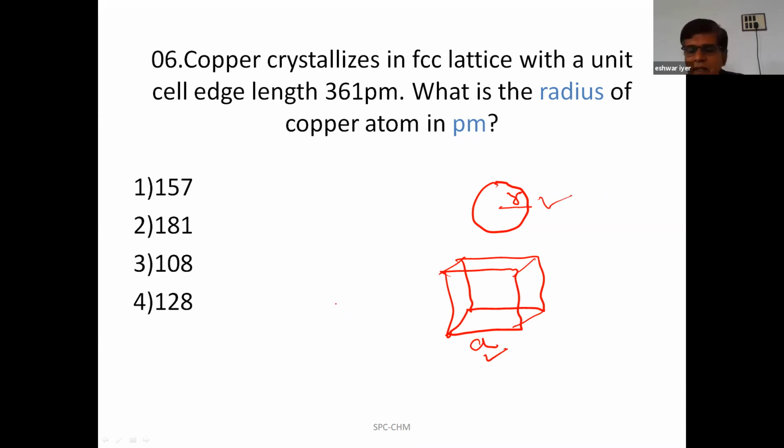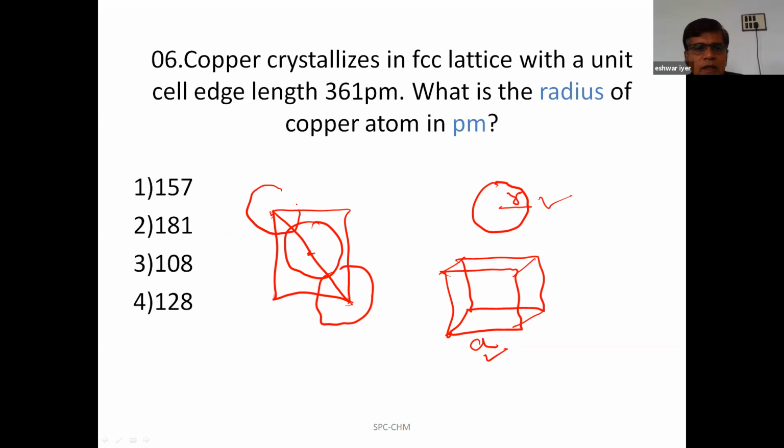And in FCC, what is the type of arrangement? I'm going to write it here. It is one of the faces. This is the face diagonal, and these are the positions. The constituents are arranged on the face diagonal, one here and one here.